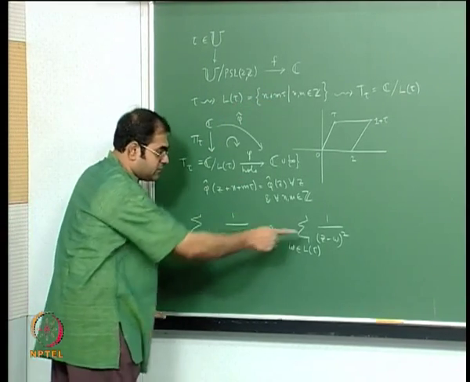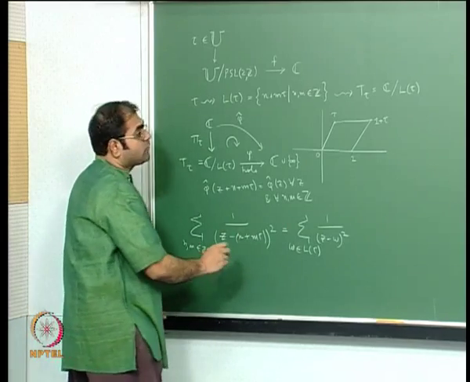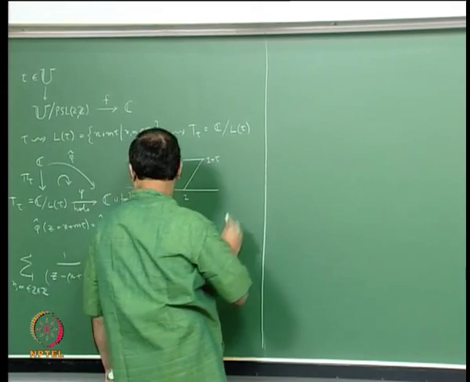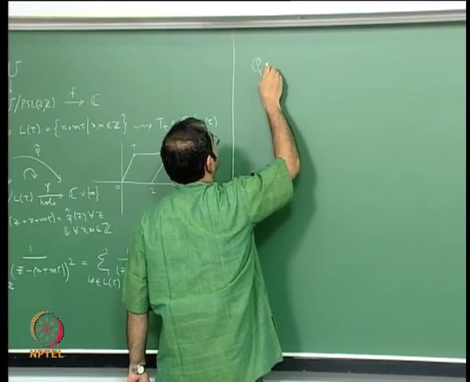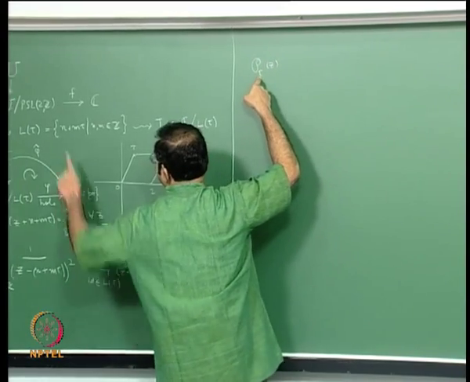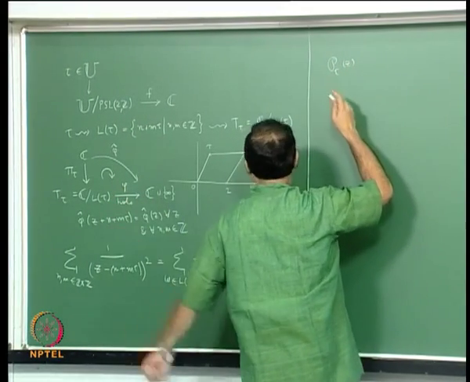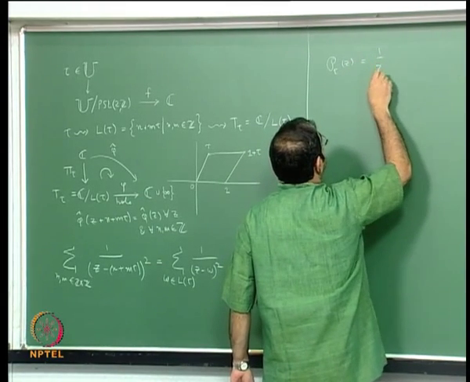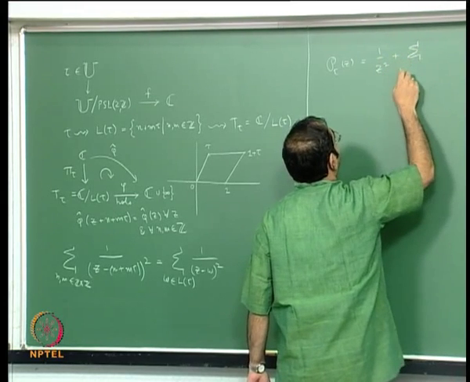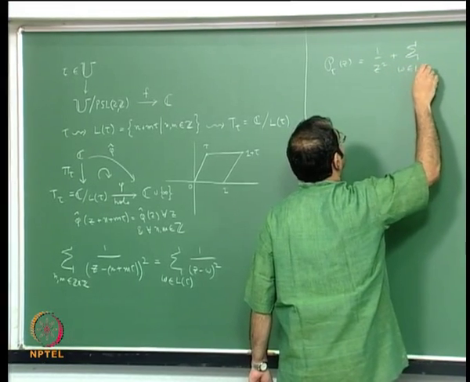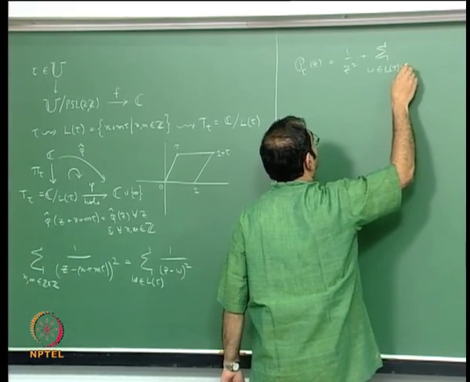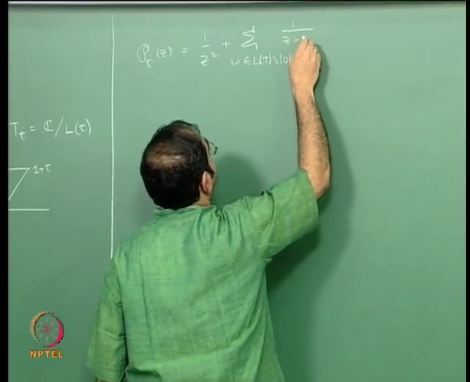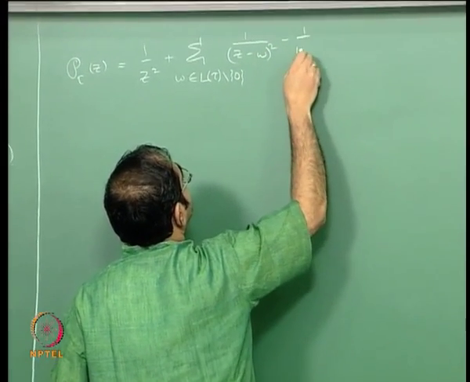So to avoid convergence problems, one defines the Weierstrass Phe-function in the following way. One defines a Phe function associated to this torus, to this tau in the upper half plane, as 1 by z squared plus the sum over omega a non-zero element of the lattice of 1 by z minus omega the whole squared minus 1 by omega squared.